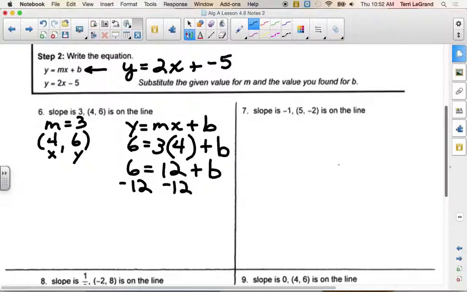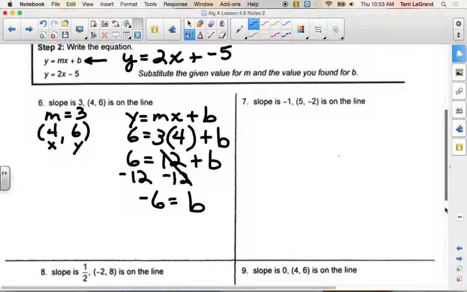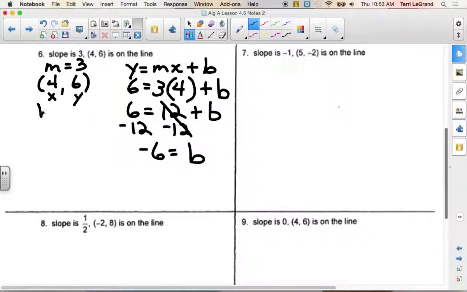And what is 6 take away 12 on the left side? -6. Bring down our equal sign. These are gone. b is by itself. So now we can say b equals -6.